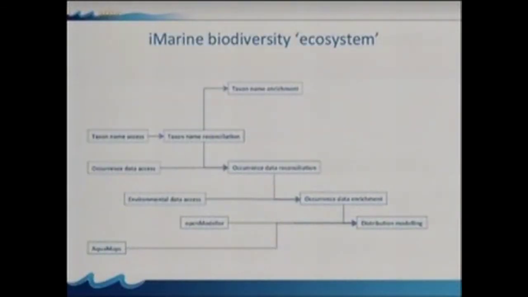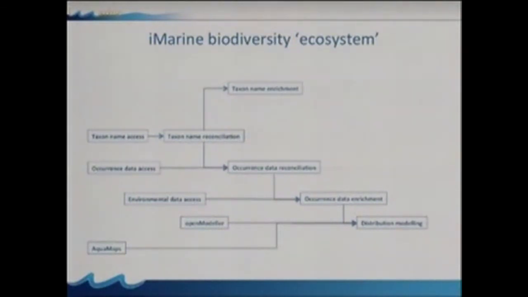So this is another view of the biodiversity aspects of iMarine, in which we show the dependencies of the different activities on each other. Obviously there are going to be activities of accessing taxonomic names, activities of accessing occurrence data and so on. Then the lower part is all to do with species distribution modeling that we've already mentioned a couple of times.